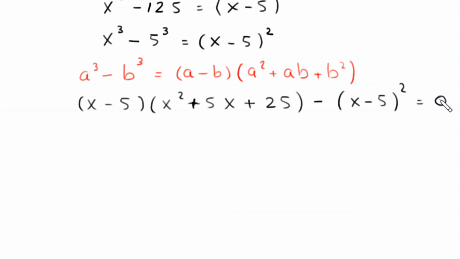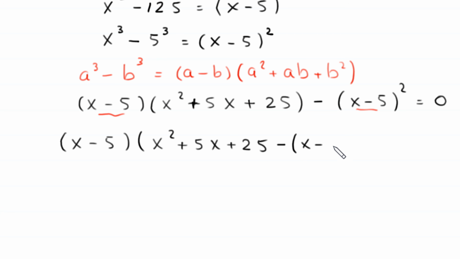We can factor out x minus 5 as common factor, and in bracket left x squared plus 5 times x plus 25, and from here negative x minus 5 equal to 0.